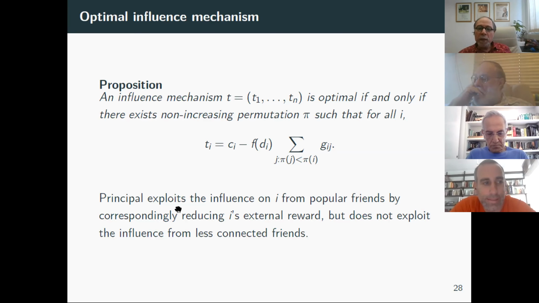That characterizes the optimal mechanism, and it says that those people who have lots of links in the network are benefiting from it, because they induce positive externalities on others, and therefore they come earlier in the order. And if they come earlier in the order, the principal will extract less from them.